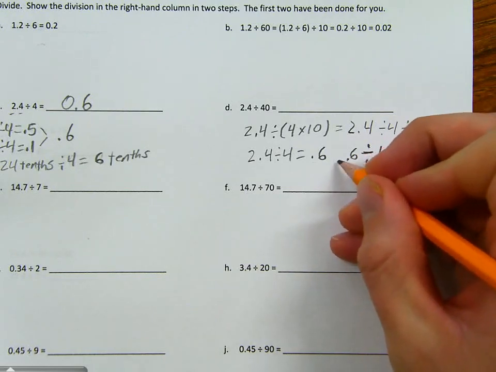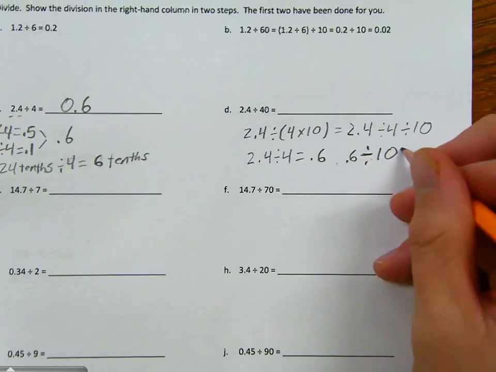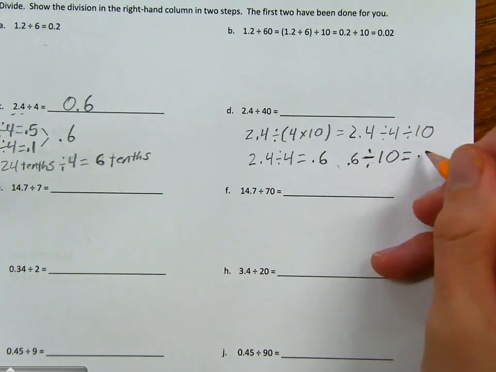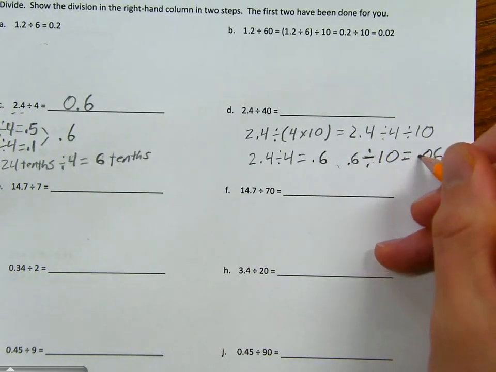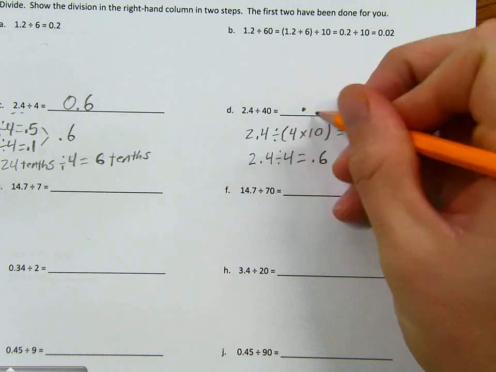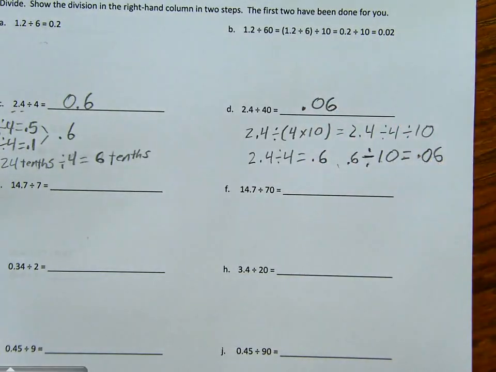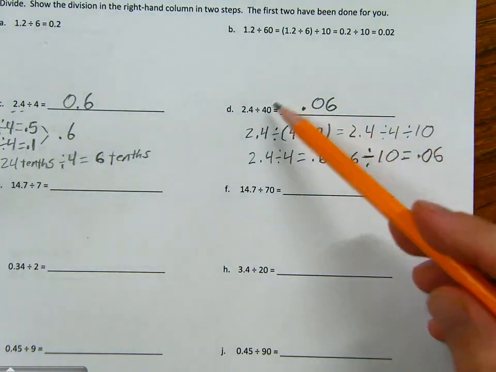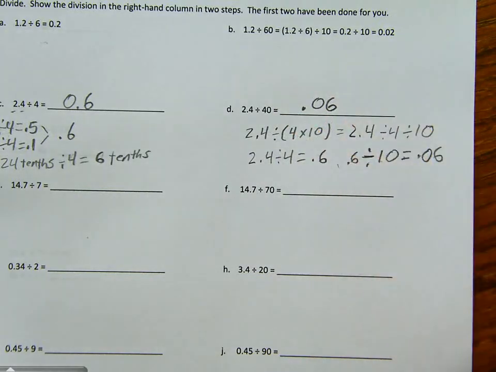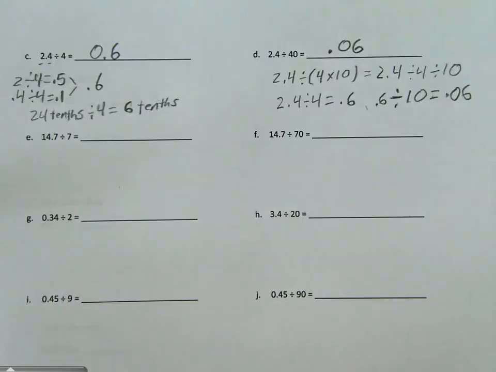So we can just move that one over to the left, and we're going to get 6/100ths. So 2 4/10 divided by 40 is 6/100ths. So see, I split that into 2 separate steps rather than trying to do it all at once.